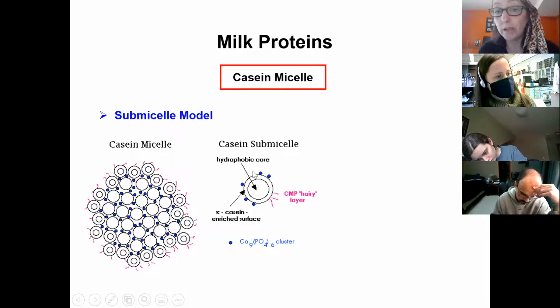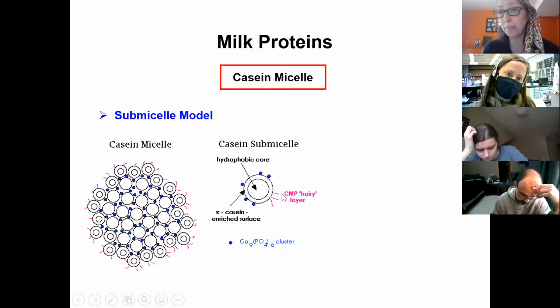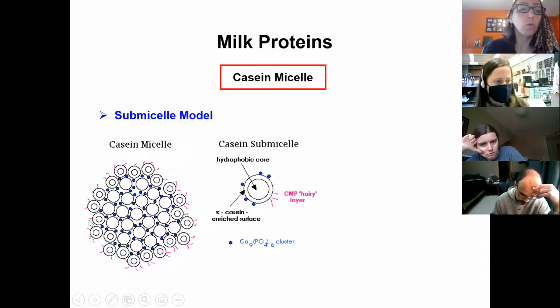But the more kappa casein you have on the exterior, these submicelles will be on the surface of the casein micelle. So you might have submicelles inside that have some kappa casein, but the submicelles that have the highest amount of kappa casein on the surface would be on the outer surface of the micelle itself.